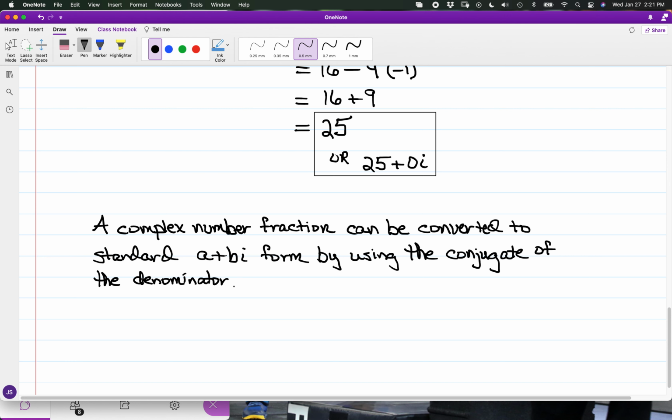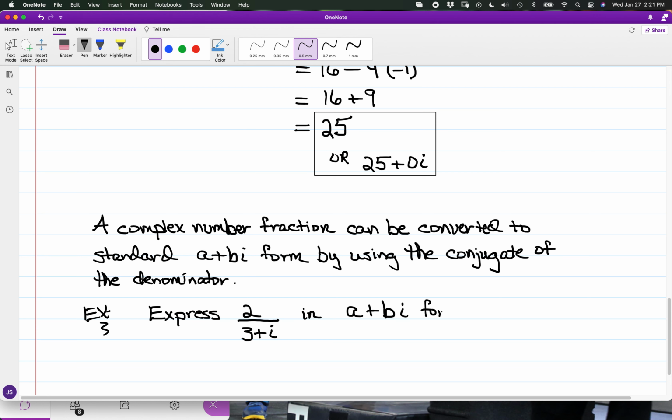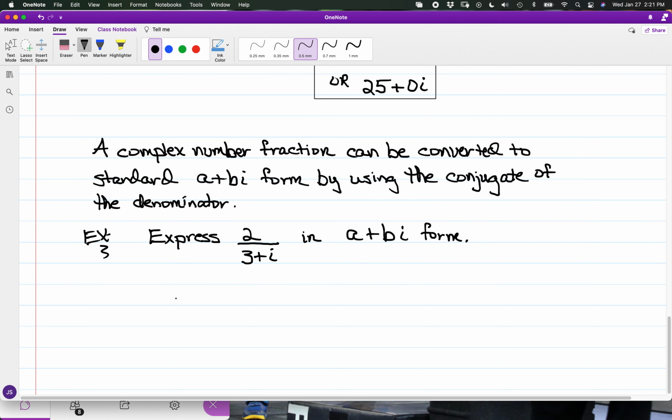And we can take, for instance, if I were to express, let's say, 2 over 3 plus i in a plus bi form, so for what I have here, 2 over 3 plus i.